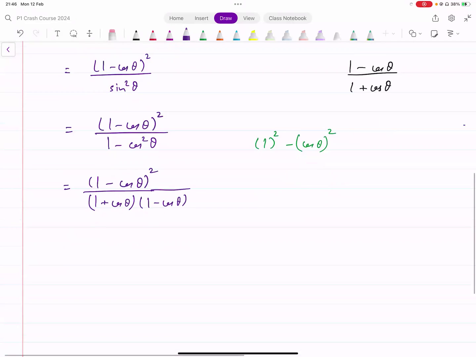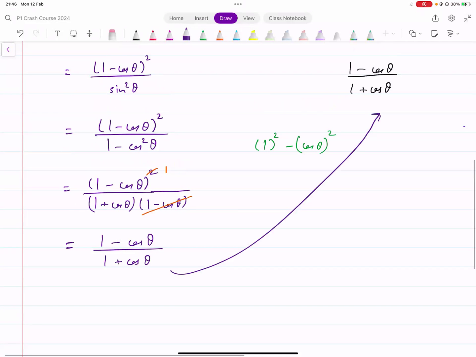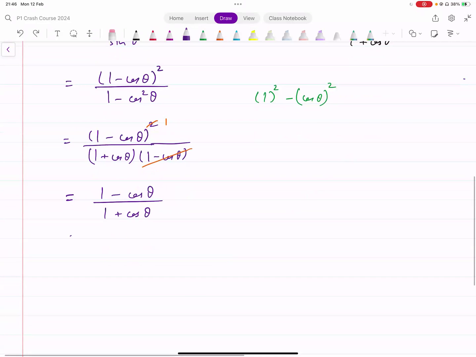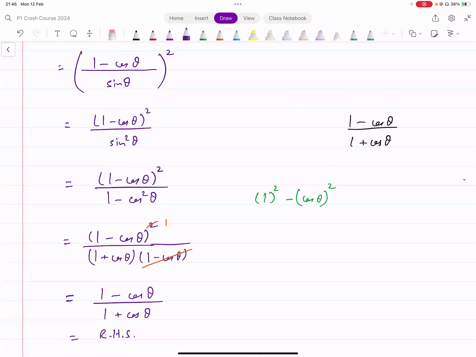And now what happens is 1 minus cos theta gets cancelled with 1 power of 1 minus cos theta in the numerator. In the numerator, we just have power 1 left. And that leaves us with 1 minus cos theta divided by 1 plus cos theta. And that's exactly what we wanted. That's the same thing as the right-hand side. And that's the identity proved.